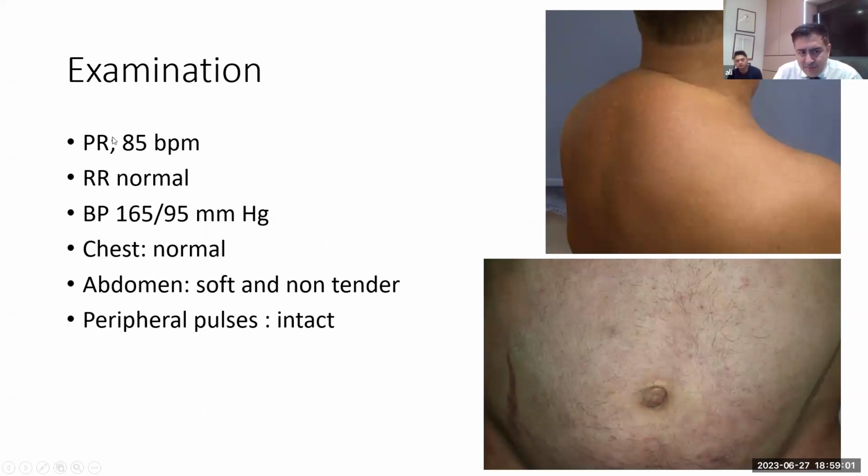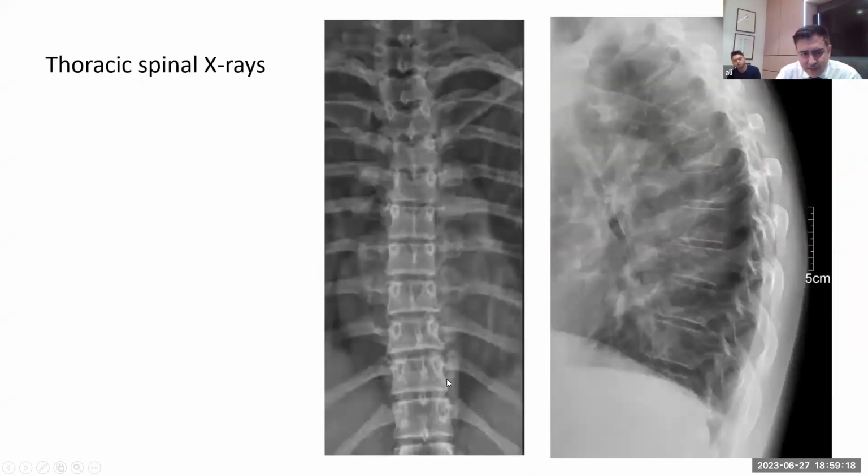On examination, he has a normal pulse rate. He's got an elevated blood pressure. So these are features that you have in patients with Cushing's disease. Hypertension. His abdomen was non-tender, but he had this on inspection of his abdomen. His peripheral pulses were normal, but what we found of interest was this compression fracture of one of the thoracic vertebrae.